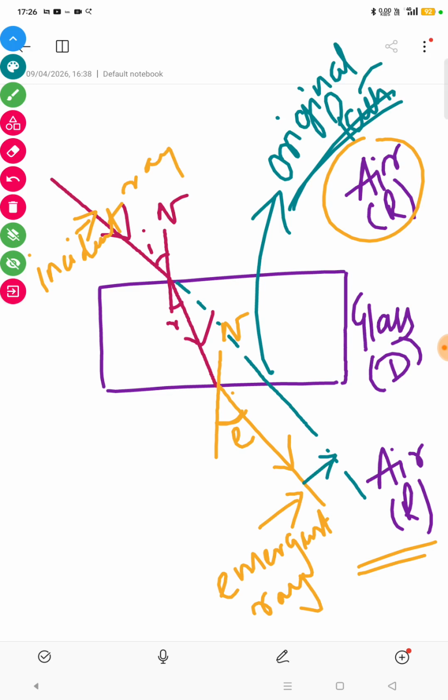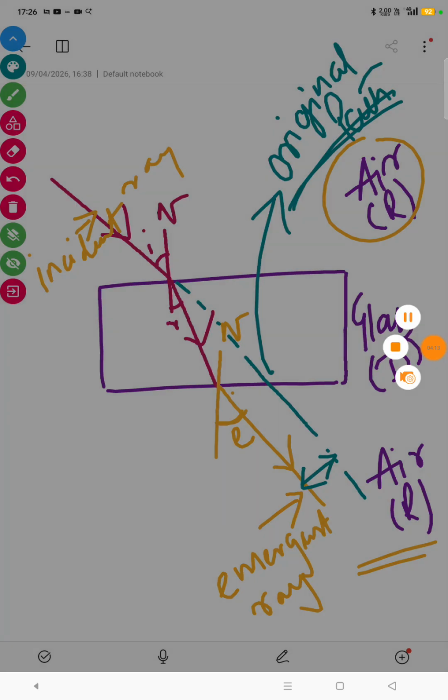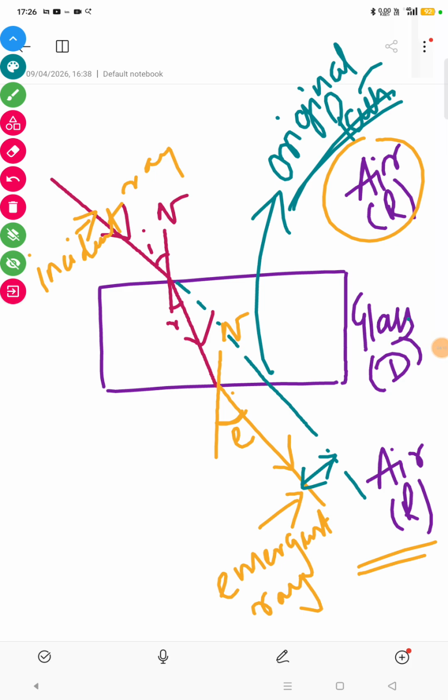This shifting of the original path of the incident ray is known as lateral shift. So what is a lateral shift or lateral displacement?